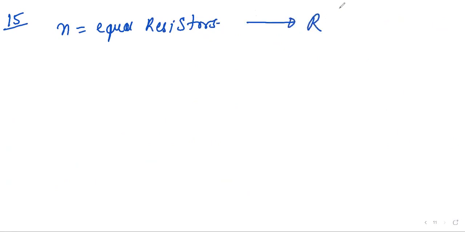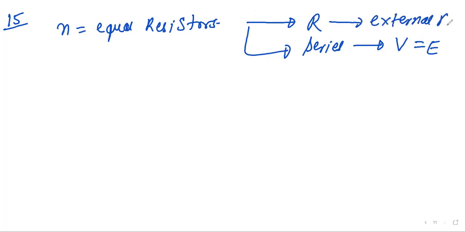N equal resistors, each of value R, are connected in series to a battery of EMF E, and the internal resistance is also R. This is the external resistance R, and the internal resistance is R. The current is I. Now N resistors are connected in parallel with the same battery and the current drawn is 10 ampere. We have to find the ratio.